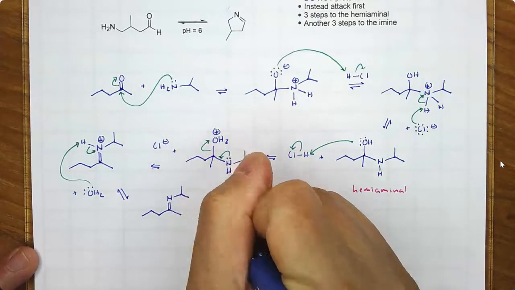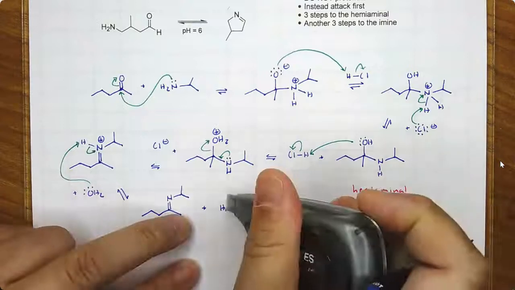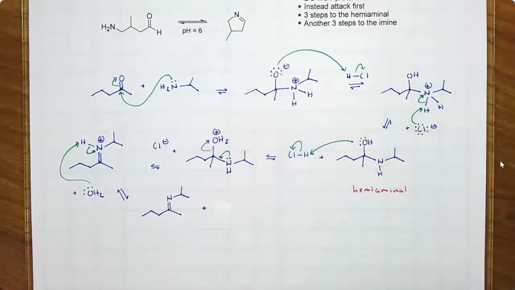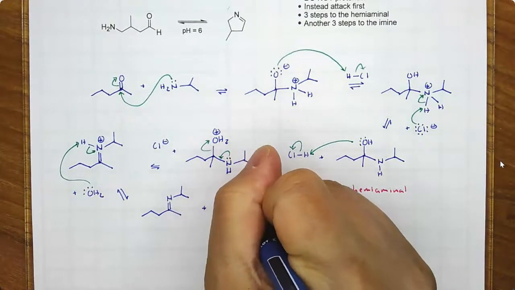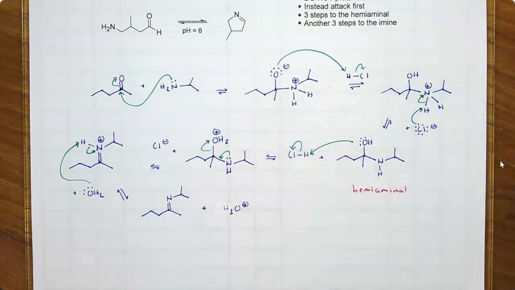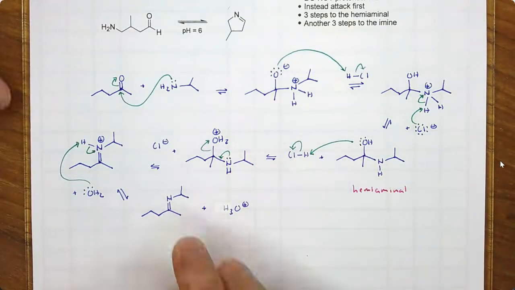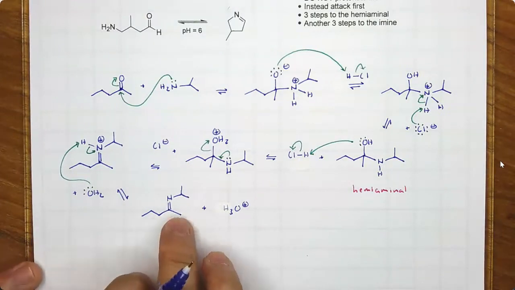There is our product. We did create a molecule of H3O plus. I did draw the isopropyl group to the less crowded side of the double bond.